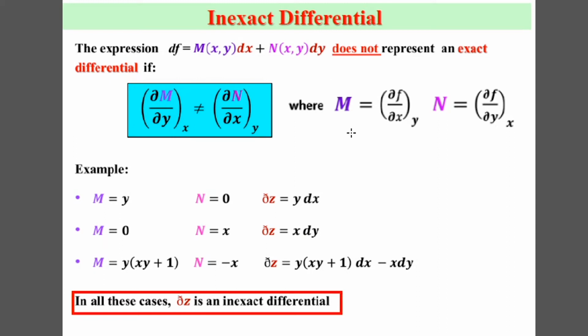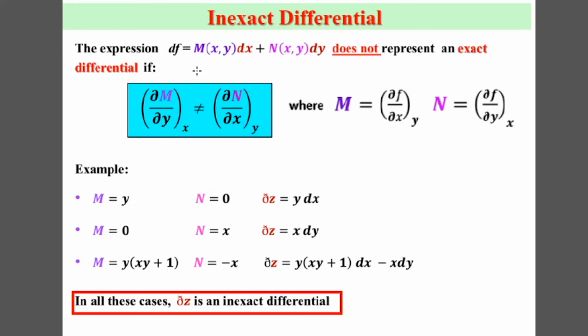So m is the function differentiated with respect to y keeping x constant, and n is differentiated with respect to x keeping y constant. Now let us see a few examples of the inexact. Suppose I have m equal to y and n equal to 0. What will the differential form look like?